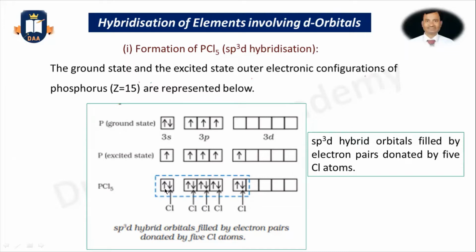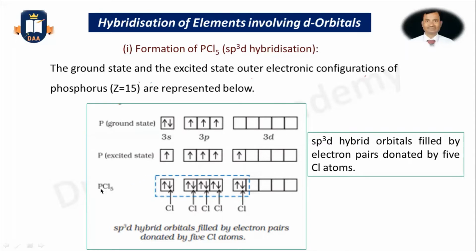These 1, 2, 3, 4, 5 sp3d hybrid orbitals will form sigma bonds with the chlorine atoms.